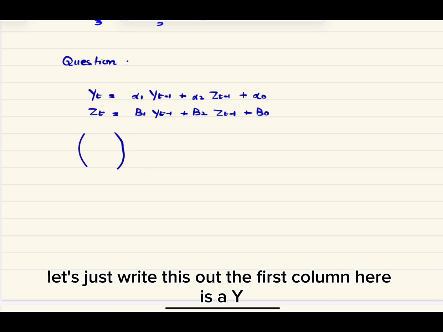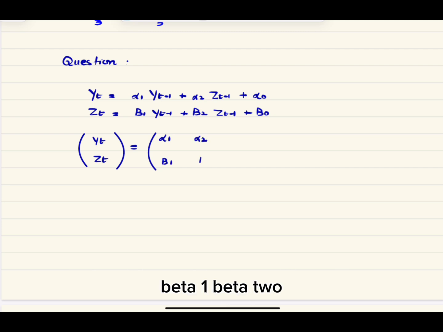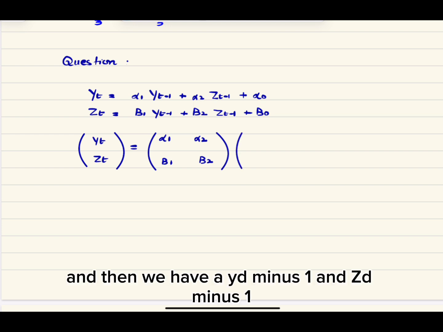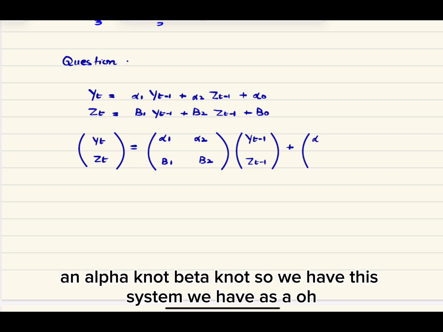The first column here is yt, zt, and the matrix form will be alpha 1, alpha 2, beta 1, beta 2, and then we have yt minus 1 and zt minus 1, plus alpha naught, beta naught. So we have this system.